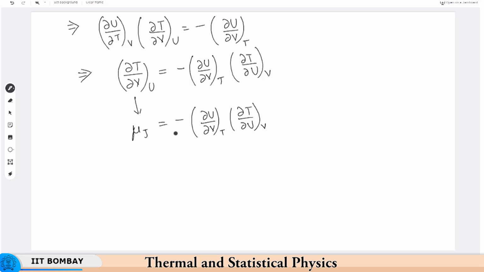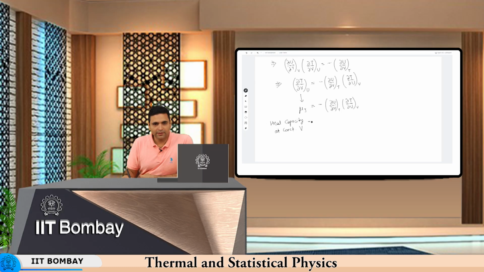Okay. So, now we are going to use some of the definitions that we have learnt in this course. Remember how we defined the heat capacity at constant volume, right. Heat capacity at constant volume is CV, and by definition this is del Q by del T at constant volume, right.